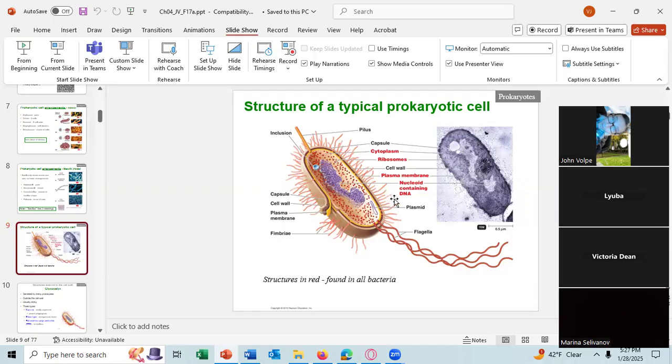The DNA in prokaryotes differs from the DNA in eukaryotes, which I don't have shown. The DNA in prokaryotes is wherever it floats in the cytoplasm. There is no distinction between where the DNA is and where the cytoplasm is. There's no boundary between the two.